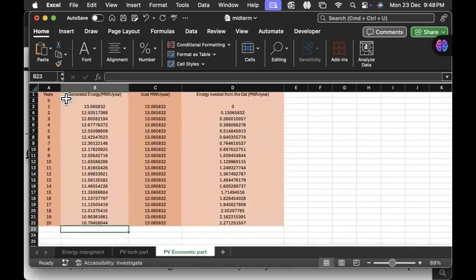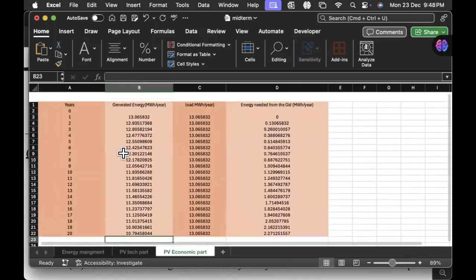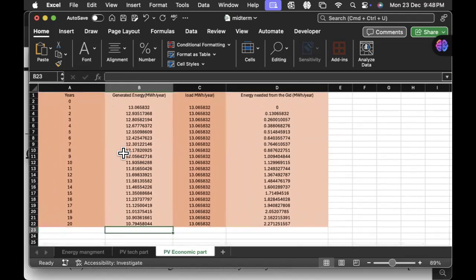Okay, so now from these numbers, we need one sum, which is the total energy to be generated by the system. This is a very important number for us. Why? Because when we determine the levelized cost of energy, which is the key indicator in this study, we divide the total cost of the system over the total energy generated by the system.